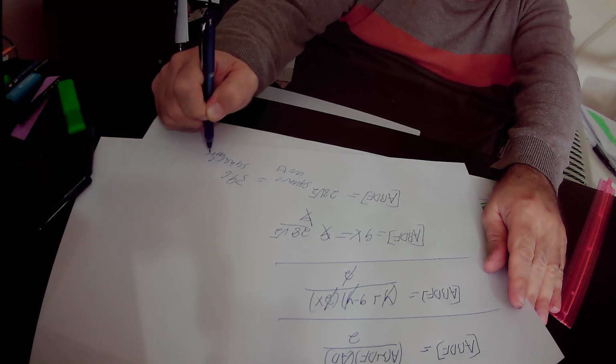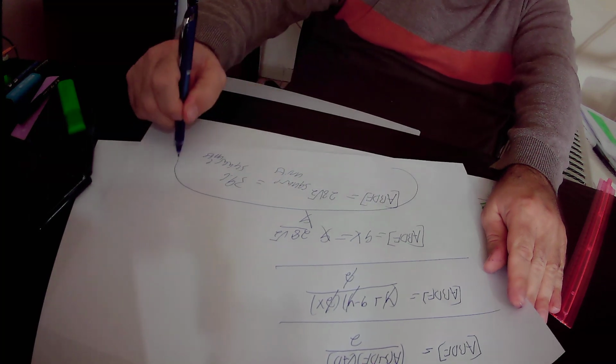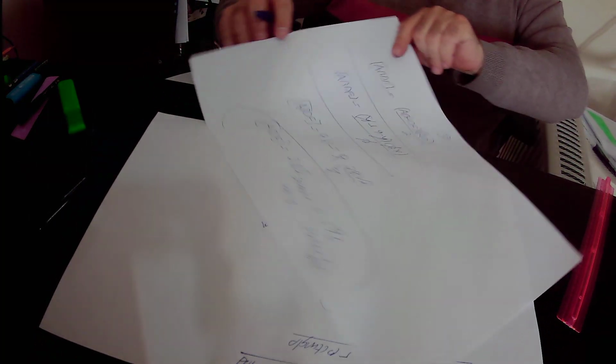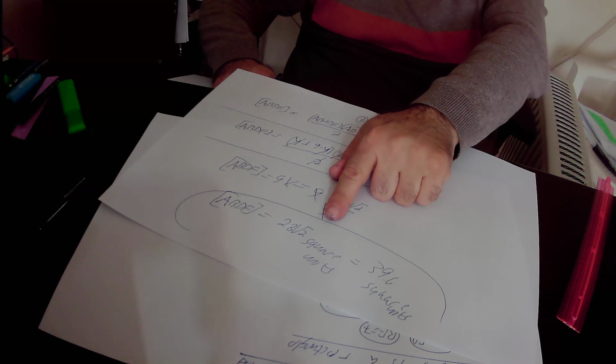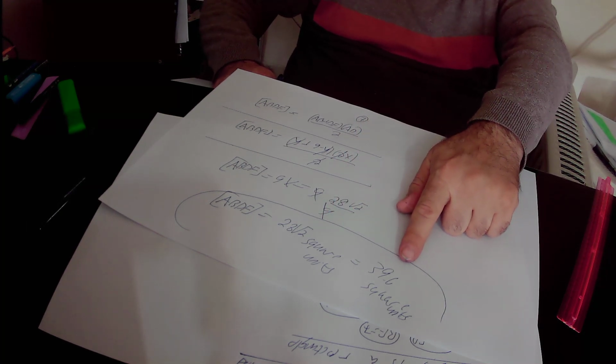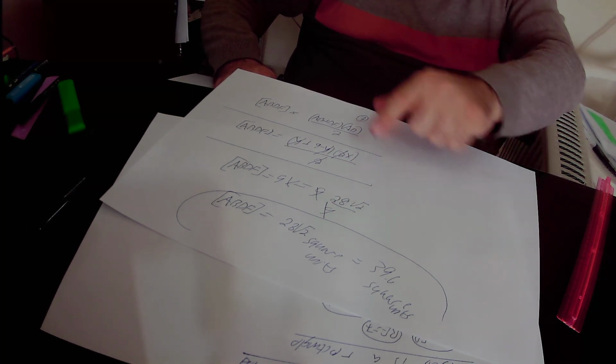Okay, I'll repeat again. The area of the green shape equals to either 28 times square root of 2 square units, or in terms of numbers, it equals to 39.6 square units.